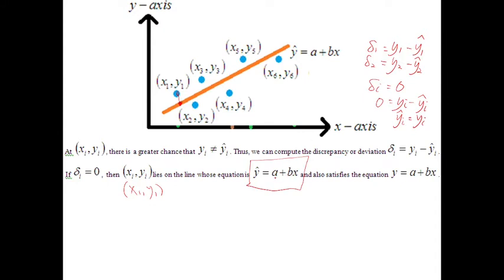It lies on this line, y hat equals a plus bx, and also satisfies the equation y equals a plus bx. So, ibig sabihin niyan, yung y hat equals a plus bx, yun din yung y equals a plus bx.